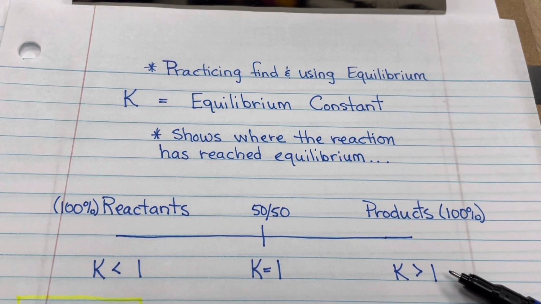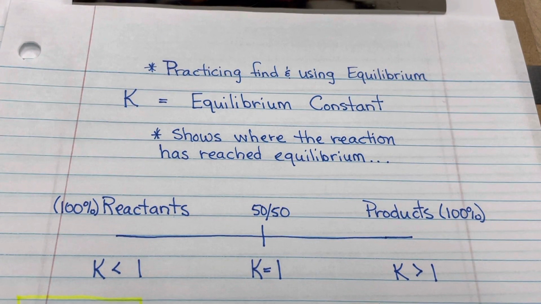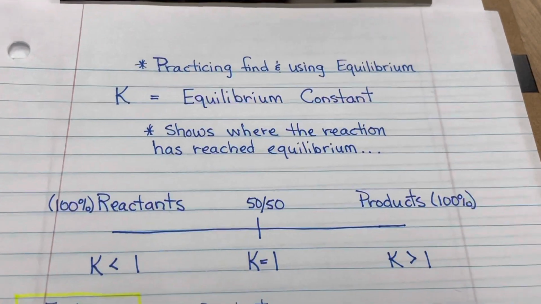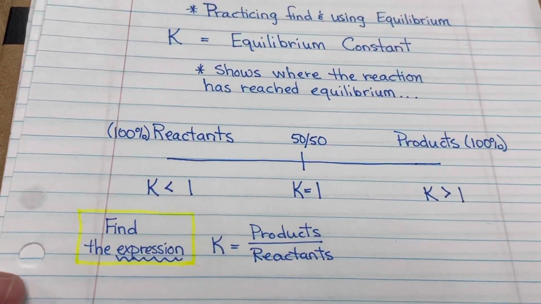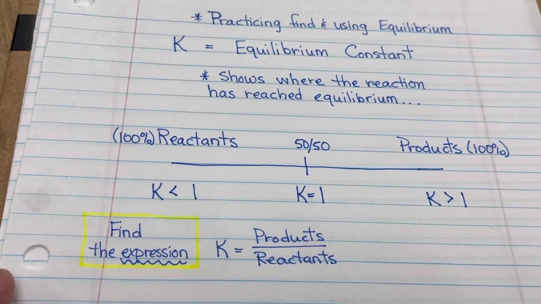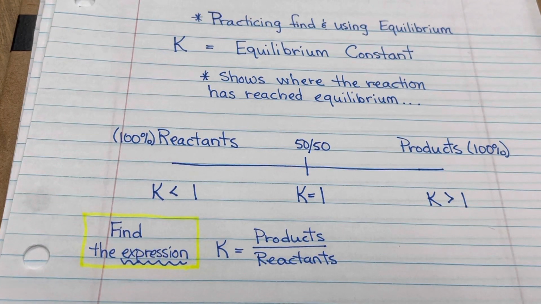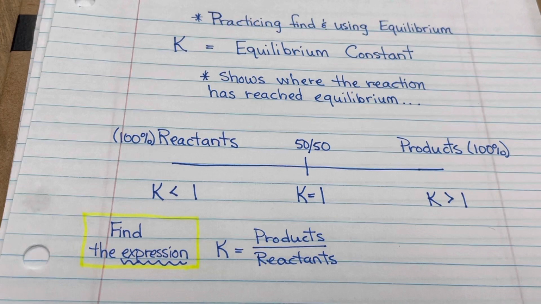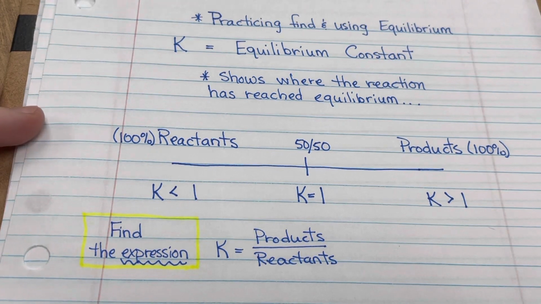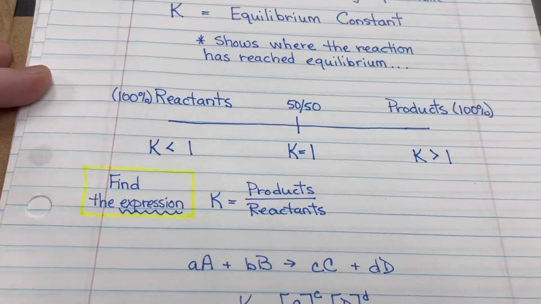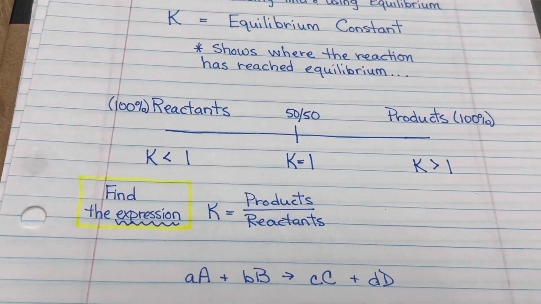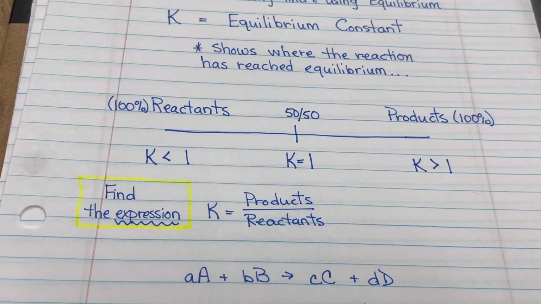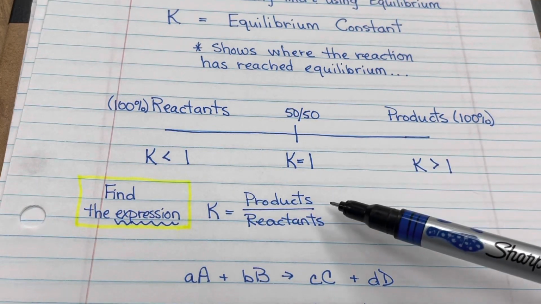The way to do this is we use something called a K expression. Since every reaction will have its own reactants and products, we have to find this formula. We're going to use products over the reactants as our basic setup. Now, using our generic formula, we're going to take our C's, A's, B's, D's, and put them into our K expression.